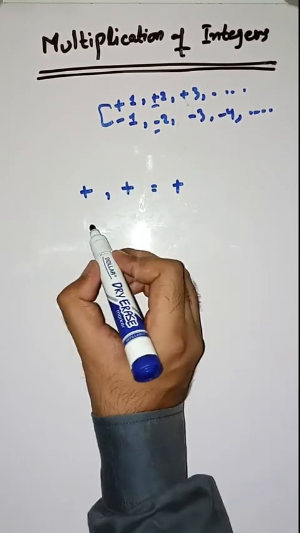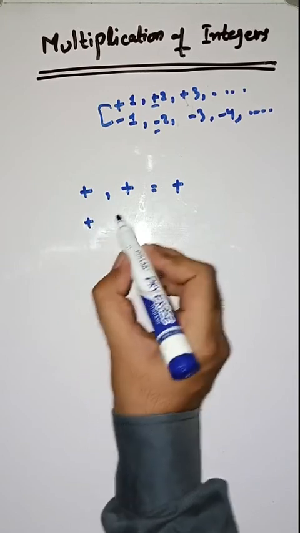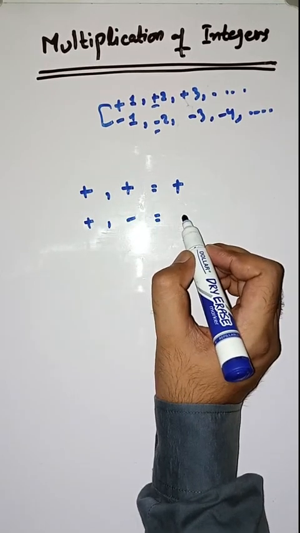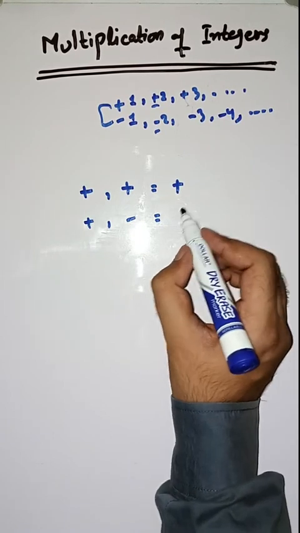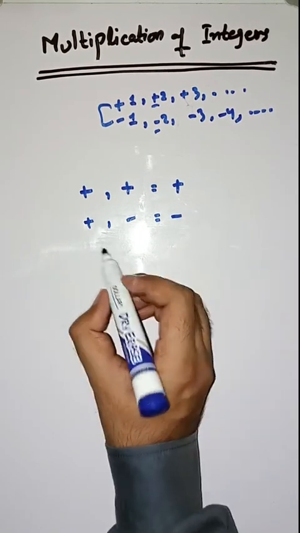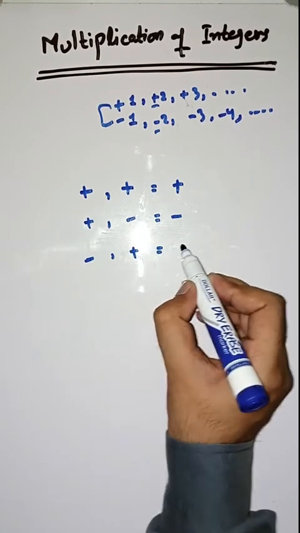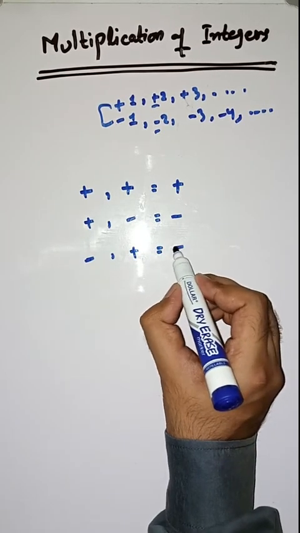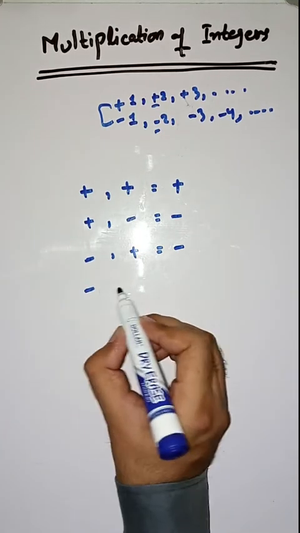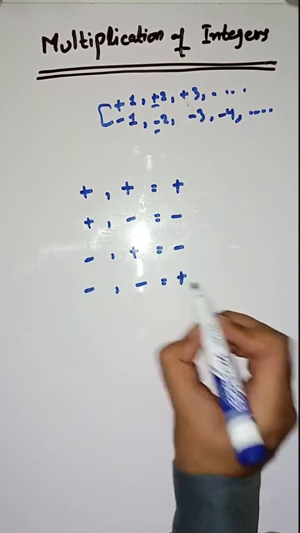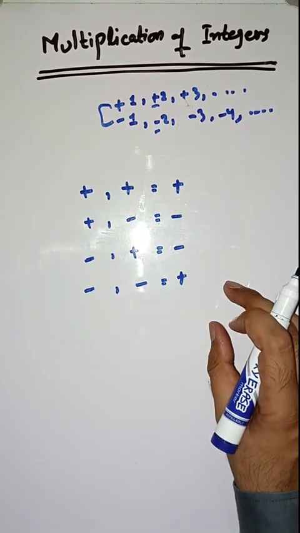If one integer is positive and the other is negative, then their product will have a negative sign. If one is negative and the other is positive, then the product also has a negative sign. If both are negative integers, then the product has a plus sign. So these are four sign conventions.